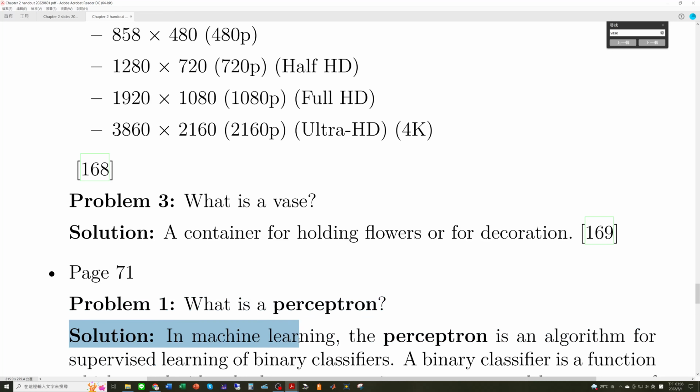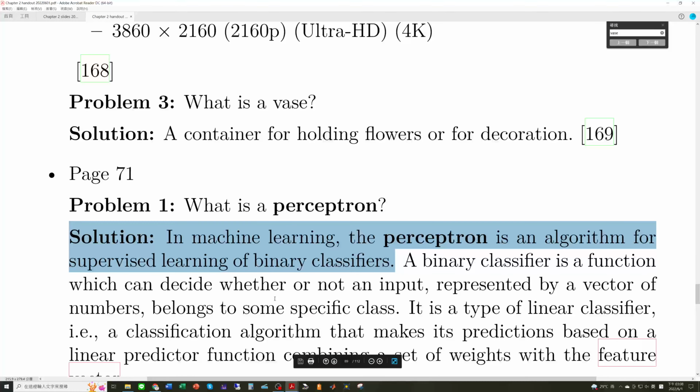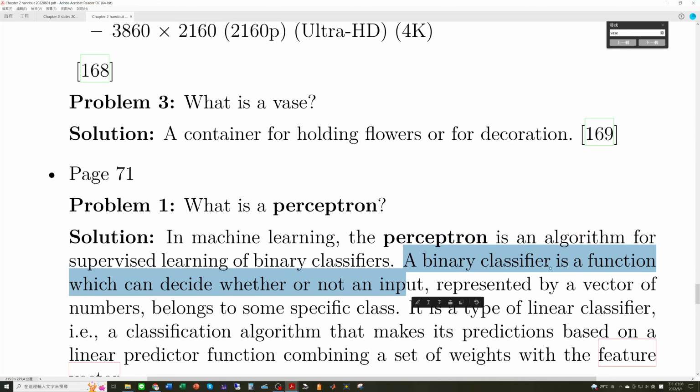In machine learning, the perceptron is an algorithm for supervised learning of binary classifiers. What is supervised learning? We have introduced it in chapter 1. If you forget it, please review the handout of chapter 1. Then what is a binary classifier? A binary classifier is a function.